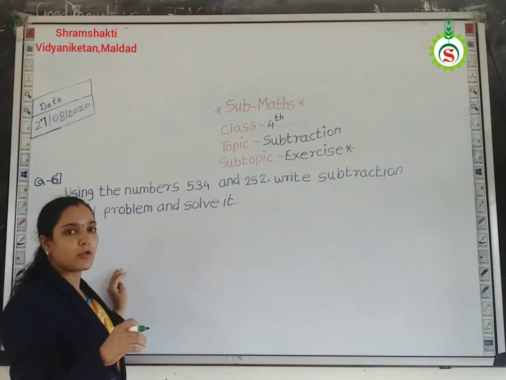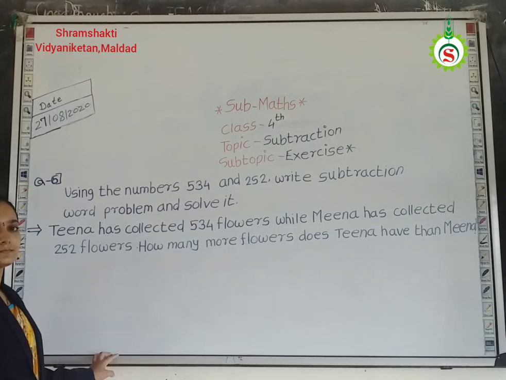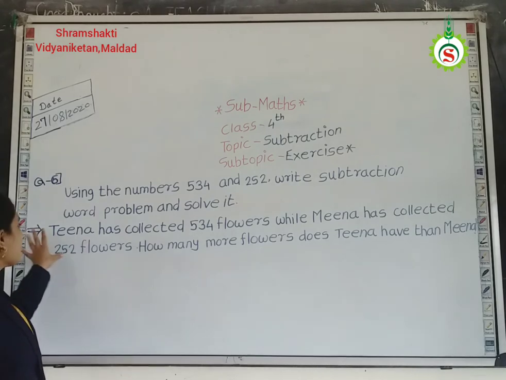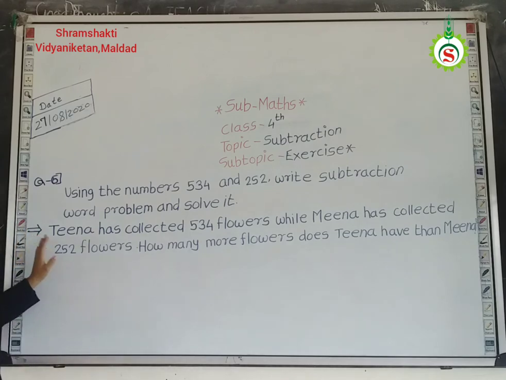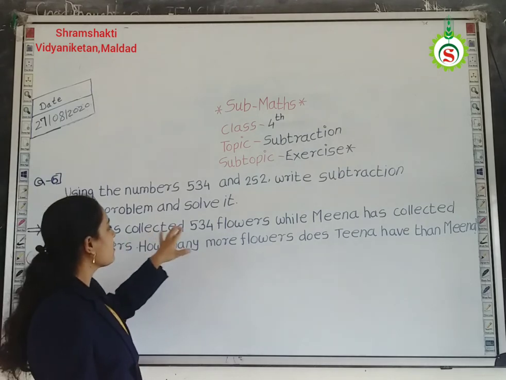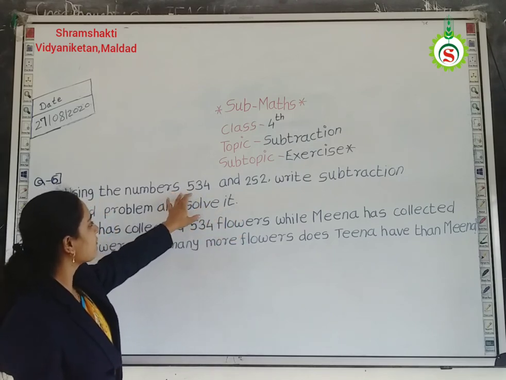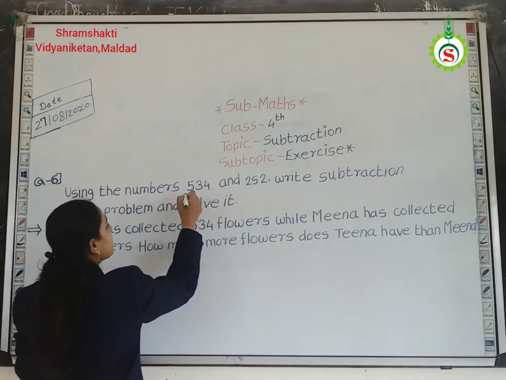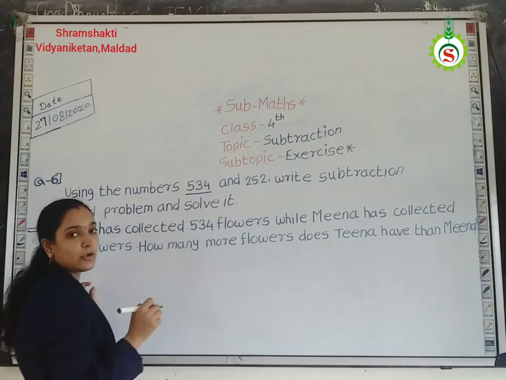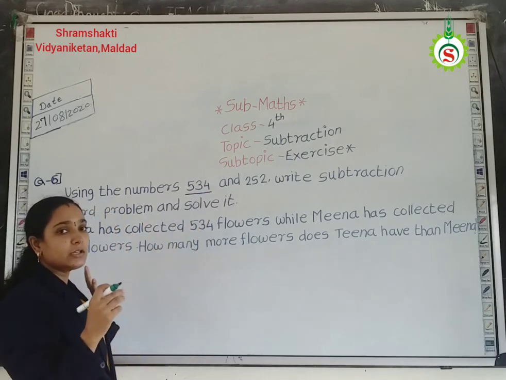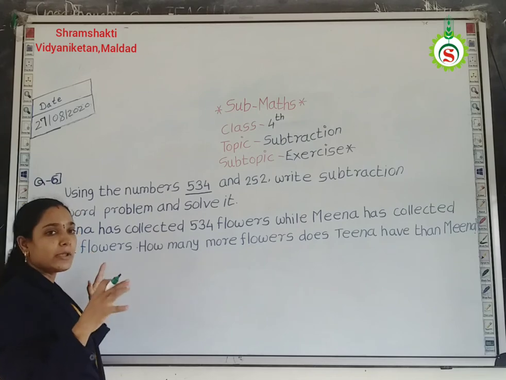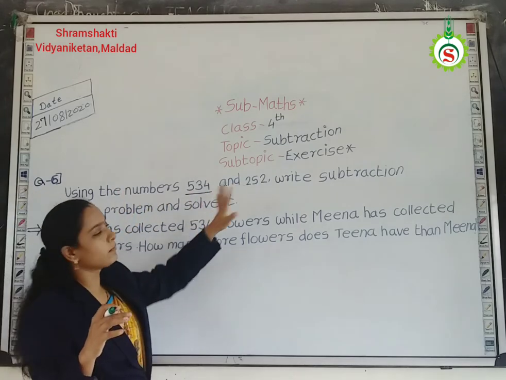So see the word problem. Students, I made one word problem here. You make a word problem using your brain power. My word problem is: Tina has collected 534 flowers. Here we use this given number, 534, because the condition is that your word problem must use these two numbers.